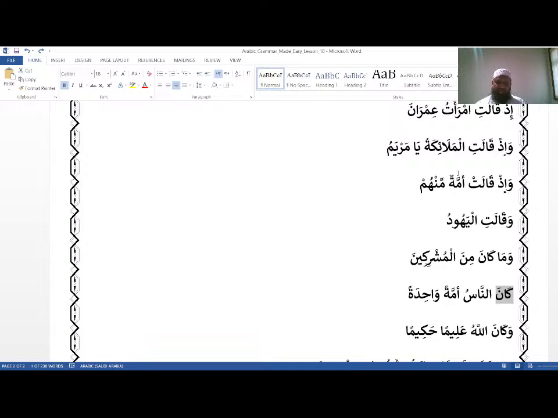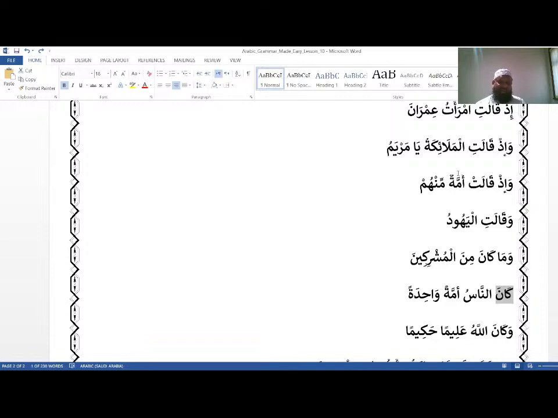So عليما, then حكيما. Is حكيما following the i'rab on the last letter of عليما? Is it following? Remember, only a describing ism will follow the ism it is describing.